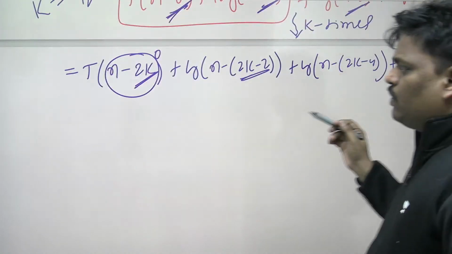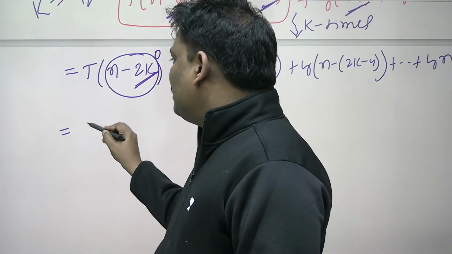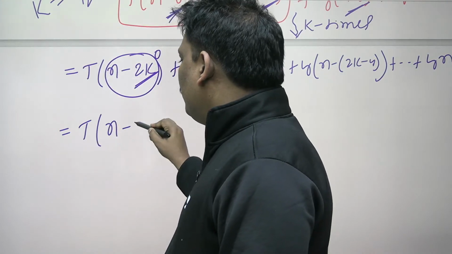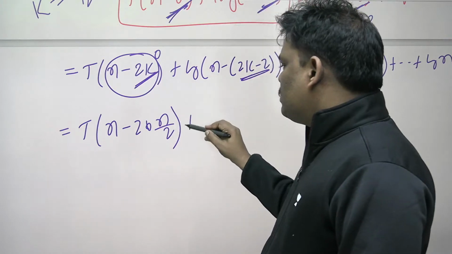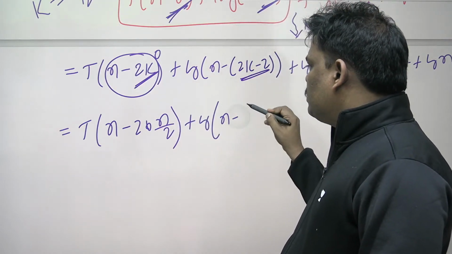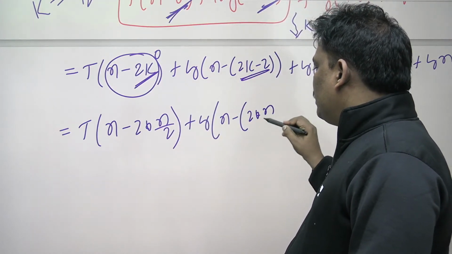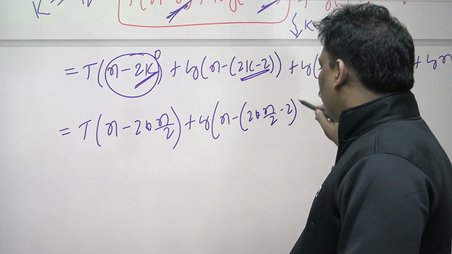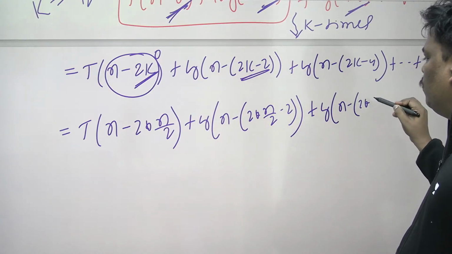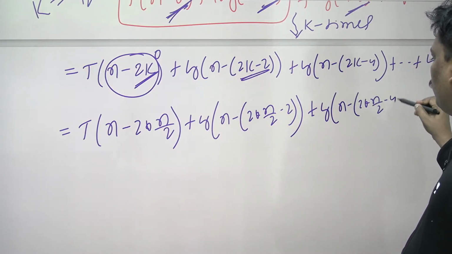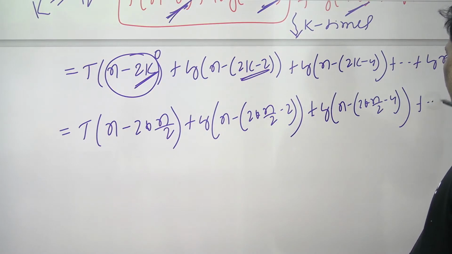Substitute k as n by 2. T of n minus 2 into n by 2, plus log of n minus 2 into (n by 2 minus 1), plus log of n minus 2 into (n by 2 minus 2), and so on, plus log n.